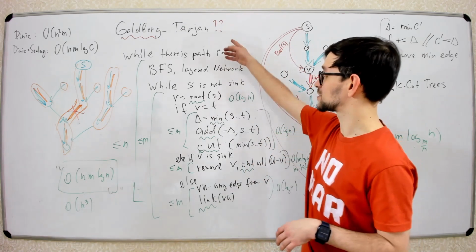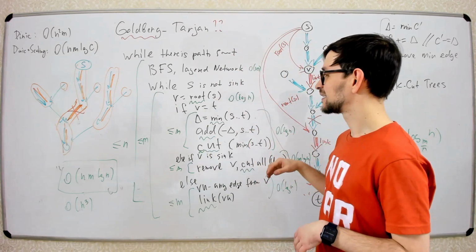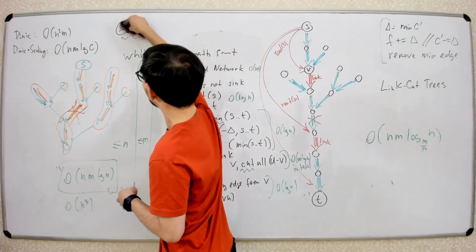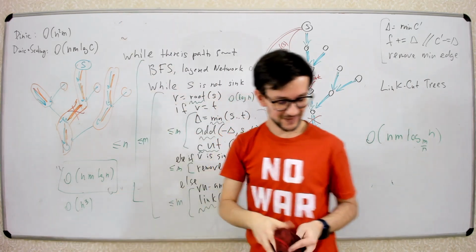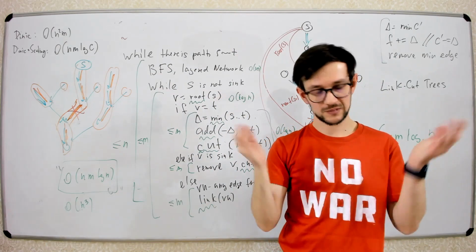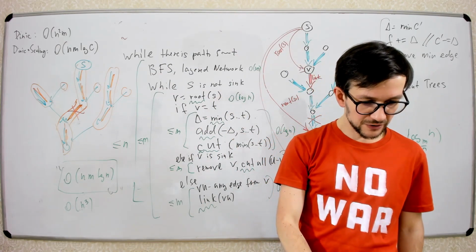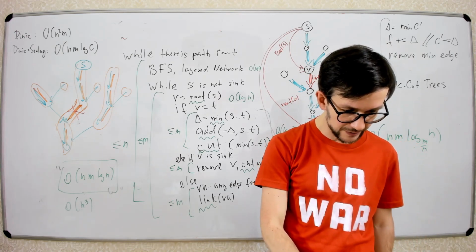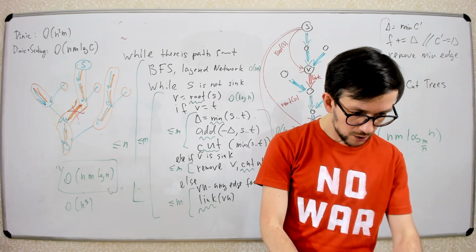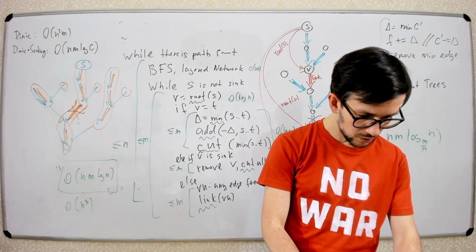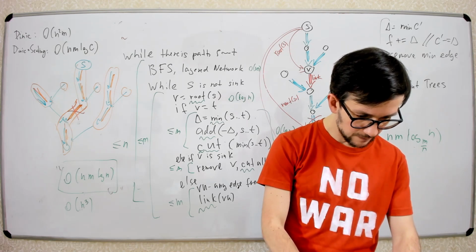Okay, so maybe it's not the name of this algorithm. They say it's called just Dinic's algorithm with link-cut trees. Why not? But I believe it was first shown by Tarjan that you can use link-cut trees to find the shortest paths. That's sad. So I was wrong all the time.